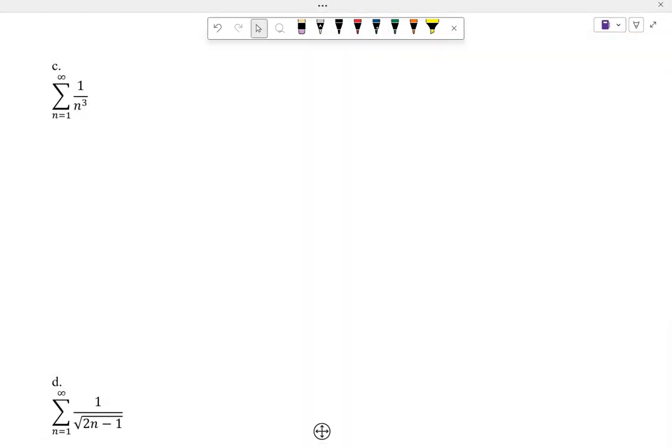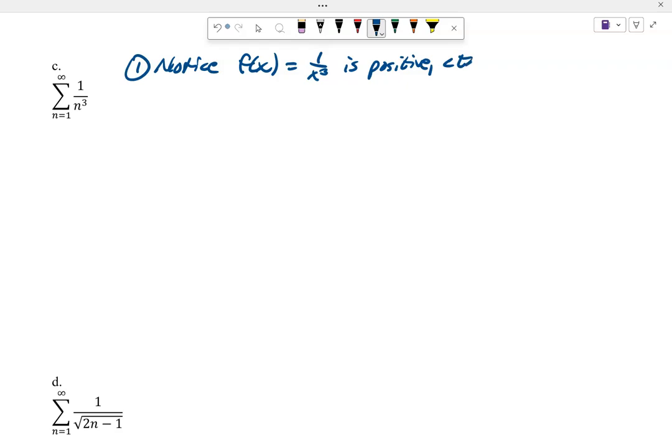All right, here's 1 over n cubed. Let's notice here that 1 over n cubed is positive, is continuous, and it is decreasing for n greater than or equal to 1.